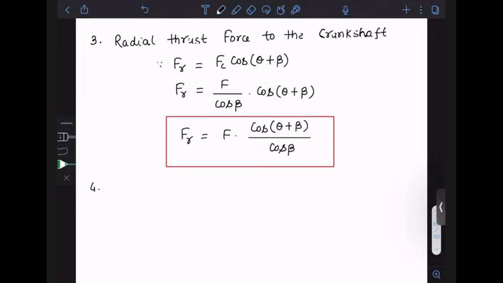Tangential force acting on the crank. Unfortunately, it is not working now.